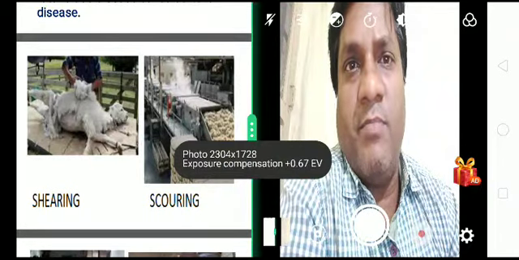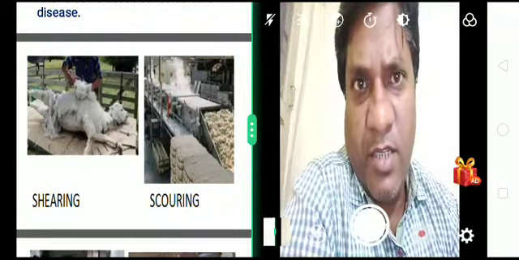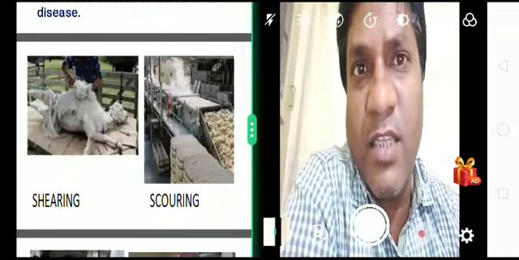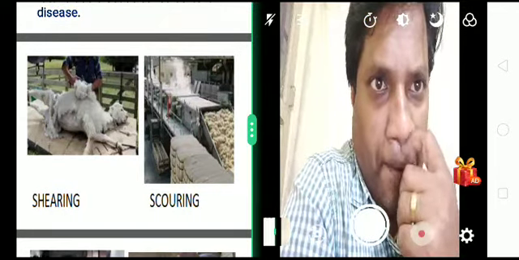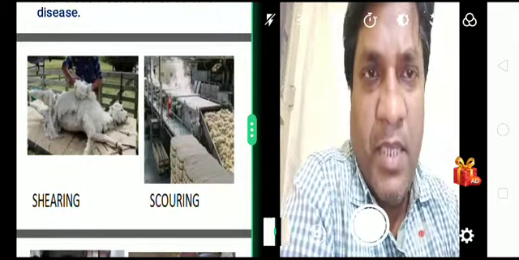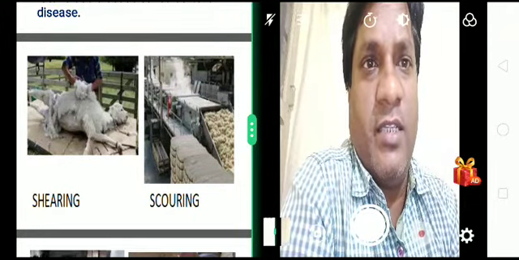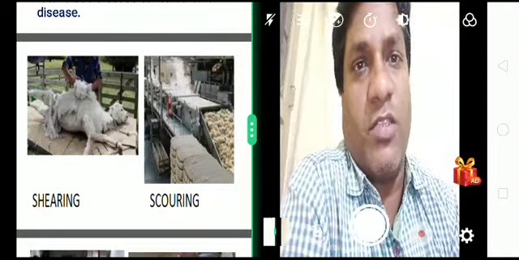In this diagram, the first picture shows shearing, where a person is removing the hair of the sheep along with a very thin layer of the skin. The second is scouring, where the wool is being washed by machines. It is washed, then dried and passed through rollers.